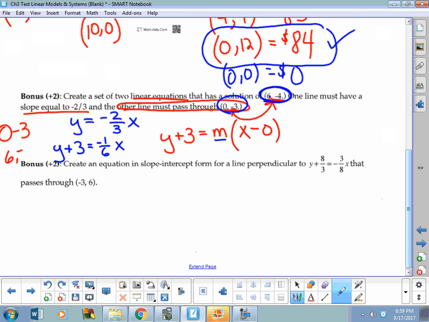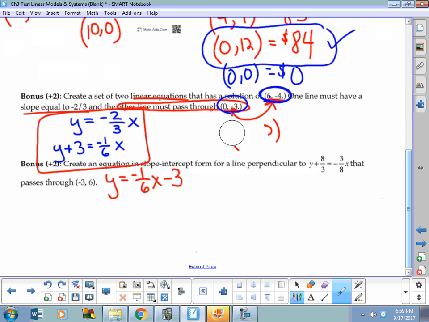If I want to try 6 comma negative 4, a little harder, put negative 4 in, I will get negative 1, and plug in 6, and I will get negative 1. Phew, despite all the troubles, I got it. You don't have to use point slope form or anything like that. This could very easily be in slope intercept form by subtracting 3 on both sides. So either way, I would check the bonus to make sure any of those are correct. All right. There, made it through.